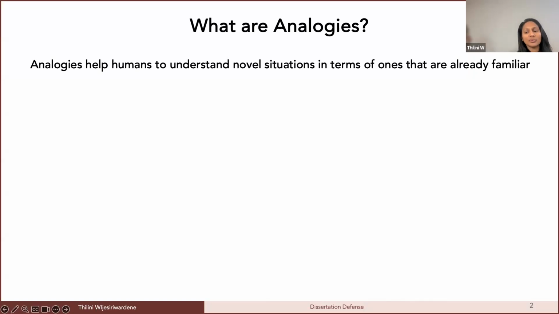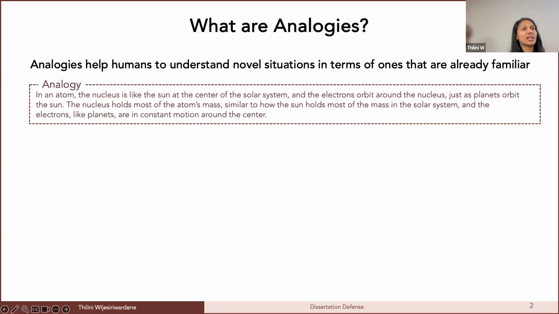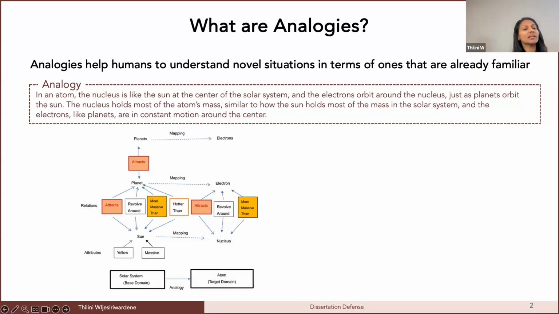And the classic example that a lot of classrooms use is when you're not very familiar with the concept of atom, the teachers would use the concept of solar system to explain what an atom is. So you try to make these relational mappings between these two domains, and that is called an analogy.